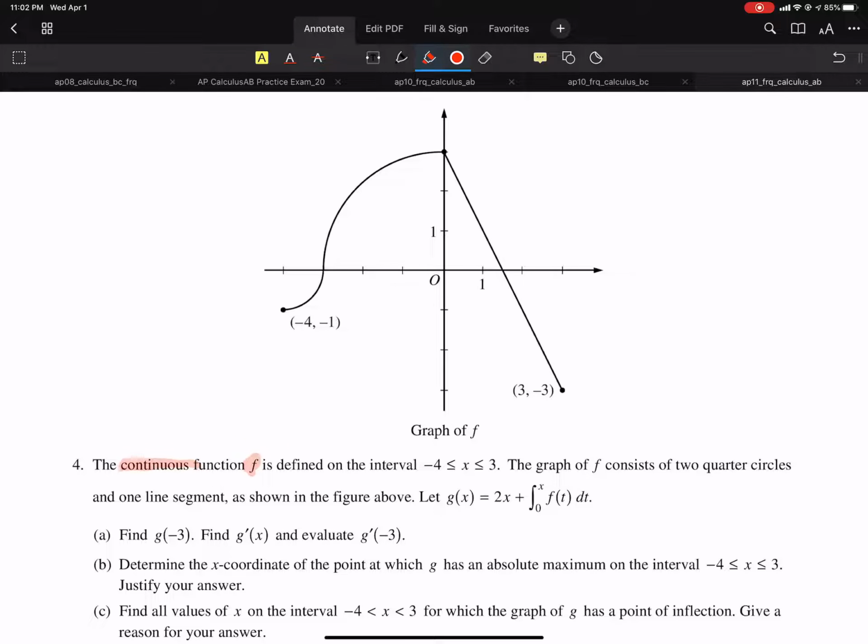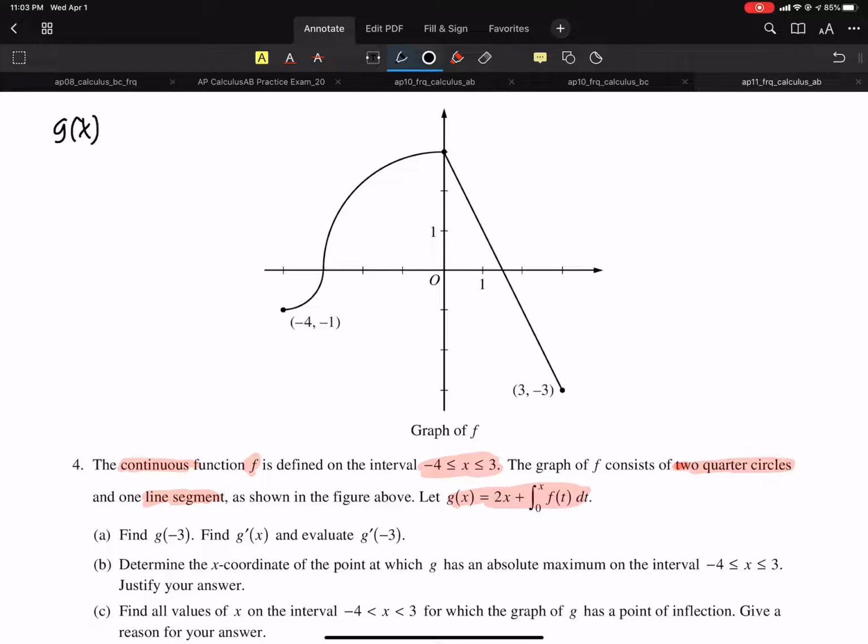We know it's continuous on the closed interval. So those curvy shapes are actually 2 quarter circles and 1 line segment. And we have an equation for g of x. So part A, we want g of negative 3.